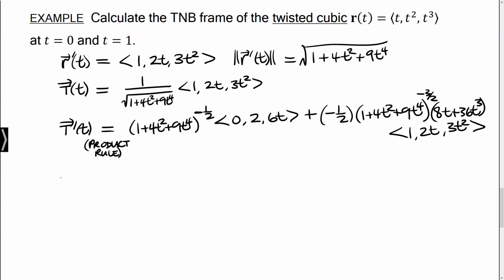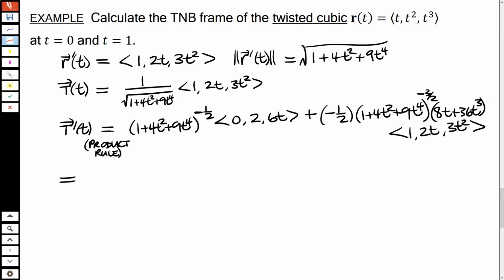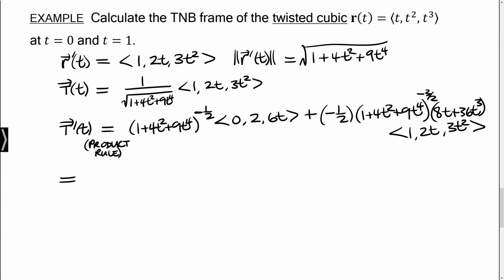Now this is just a little tedious algebra. So the first thing we can do, there's a 2, we can make that 4, 18. And then we're going to factor out this whole mess to the minus 3/2 power. So I'm going to factor out 1 plus 4t squared plus 9t to the fourth, all to the minus 3/2.